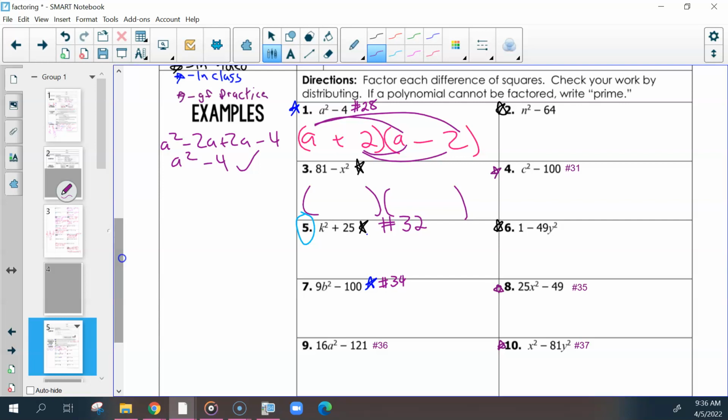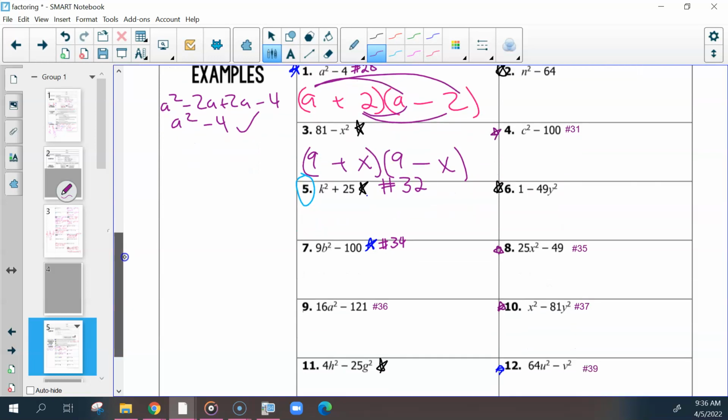What times what would give us 81? 9. What times what would give us x squared? So instead of having the variable first, you would have the number first. Just whatever order it's in, make sure your answers are the same.